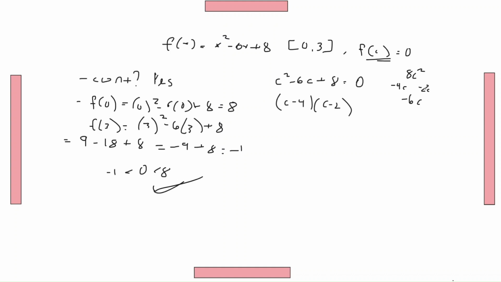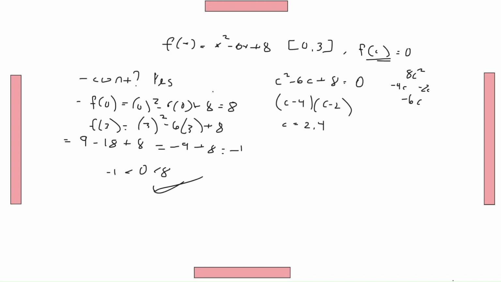Well, negative 4 times negative 2 is 8, and negative 4 plus negative 2 is negative 6. So just in case you forgot, that's how we got those two numbers. If we solve for it, we'll get that c is equal to 2 and 4. So we're done, right? This is our answer. We found our c value.